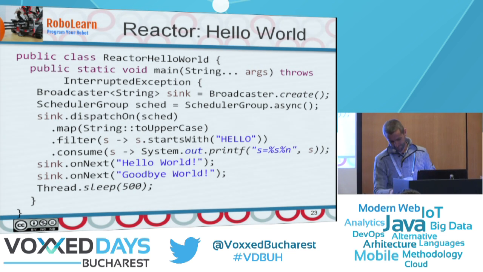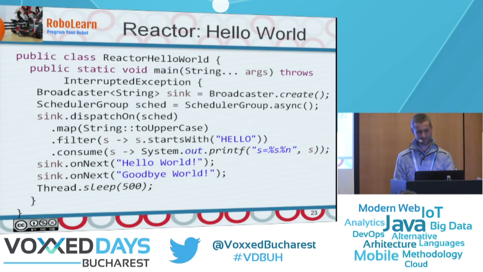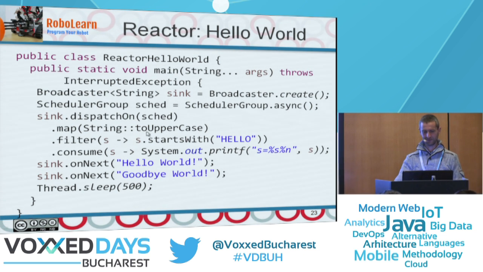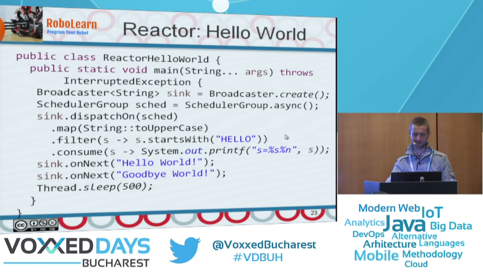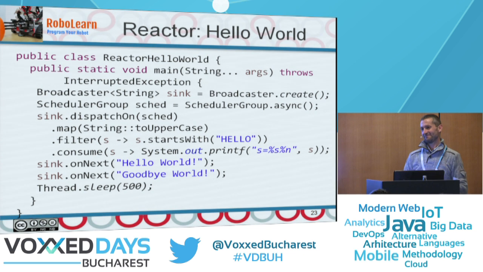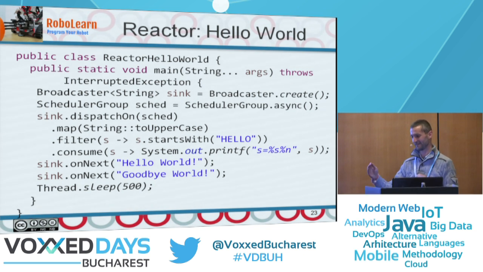Okay. So after that, we have some processing, for example, to uppercase, and after that, we have some filtering, which is actually the same way as we use Java 8 lambdas, the same operation, but there are a lot more operations. For example, for hot event streams, there are 2 types of event streams.